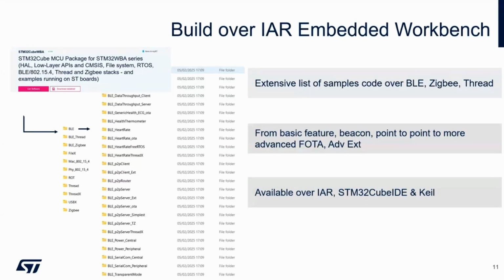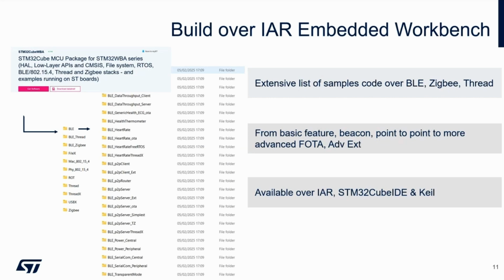So what I want to show right now is that with our ecosystem, if you go to st.com and download the latest ST package, you will get on your laptop this STM32WBA6 package, and it should look like this.